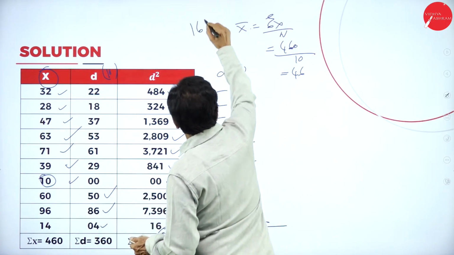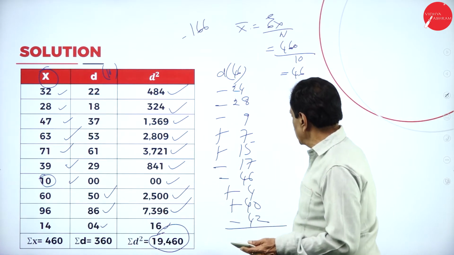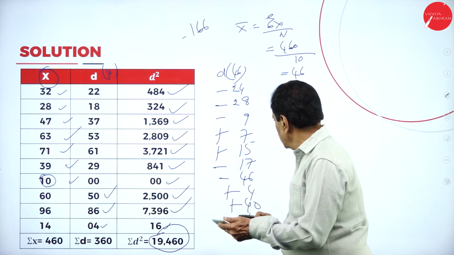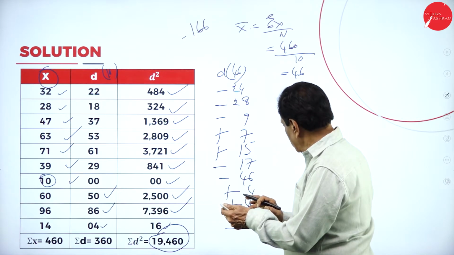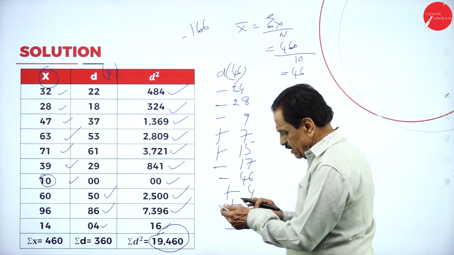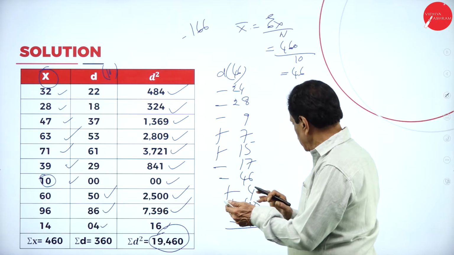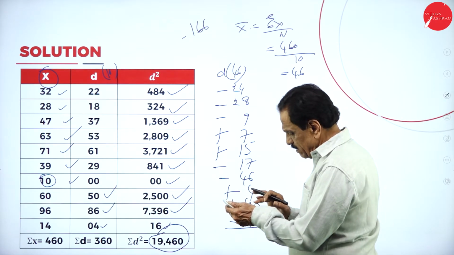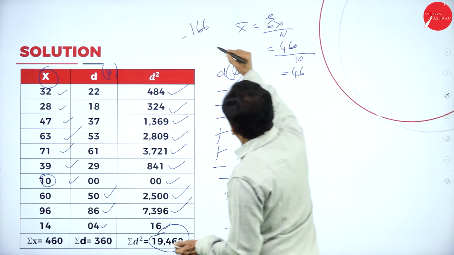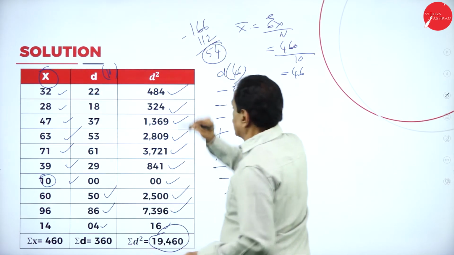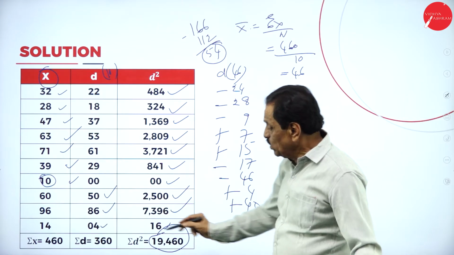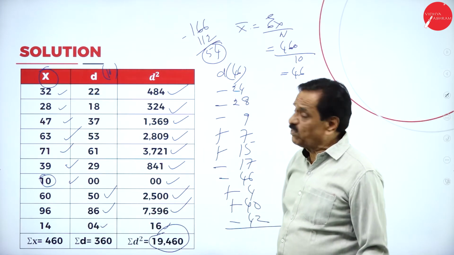That totals 166 minus. Positive figures: 7 plus 15 plus 46 plus 4 plus 40, that is 112. 54 is the difference. What I did was take 460 divided by 10, which is 46.